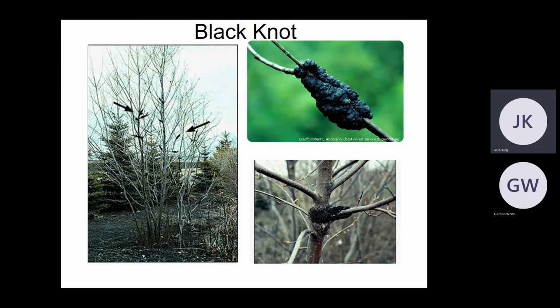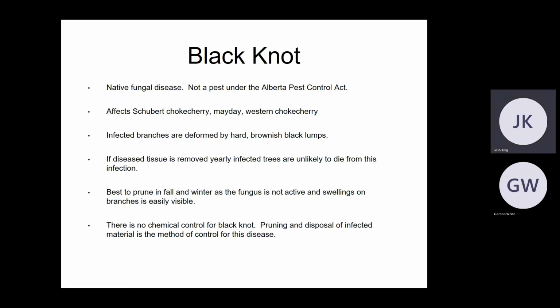So it's very easy to distinguish. You can see it looks like a big black knot on the end of the stick. In the industry, there's another term for it, but it includes a swear word, so I won't say it. It's a native fungal disease. So yes, the western chokecherry, we've got a couple of poster childs along our pathway that are just loaded.